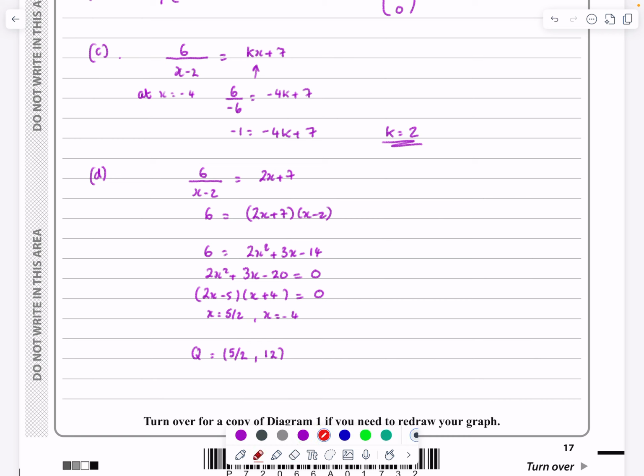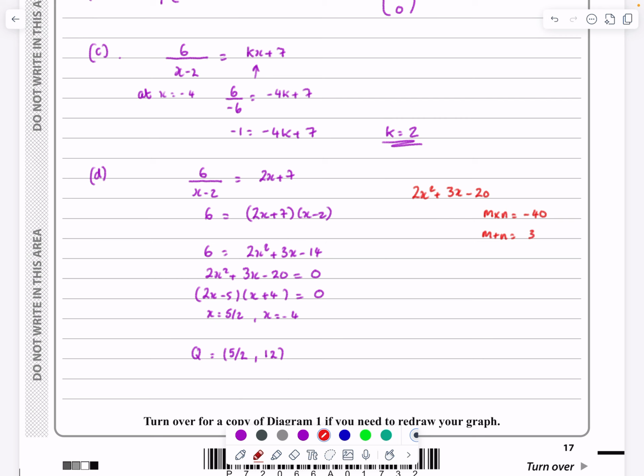If you want me to show you how to factorise 2x squared plus 3x minus 20, if you couldn't do it straight off, obviously you could use the quadratic formula, but another way to do it is to use the AC method. AC method means A and C there. So A times C makes minus 40. What we're looking for is two numbers that multiply together to make minus 40, and those two numbers must add together to make 3.